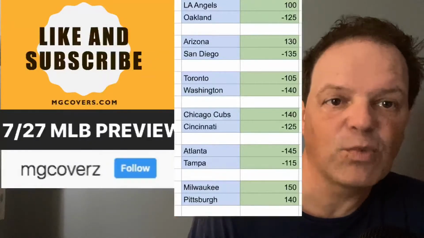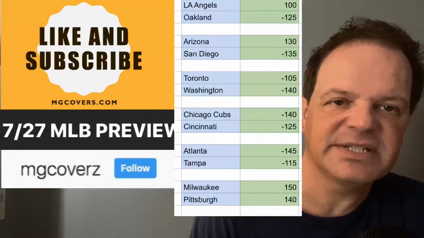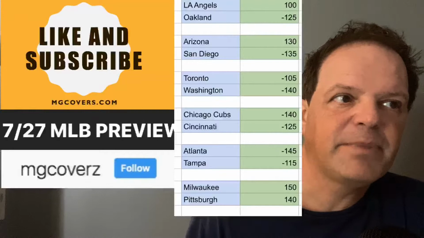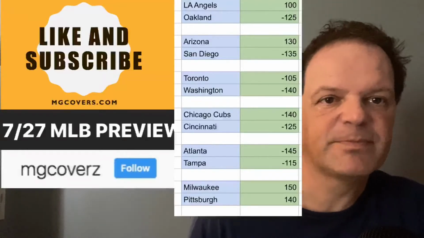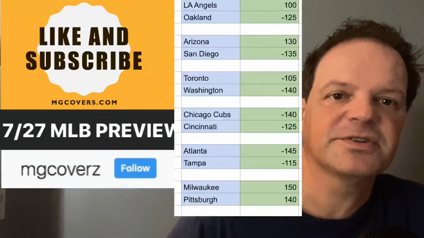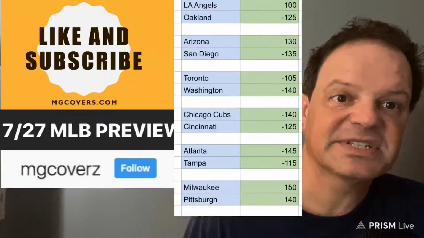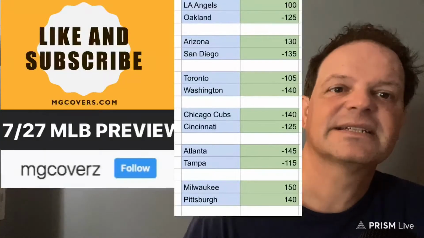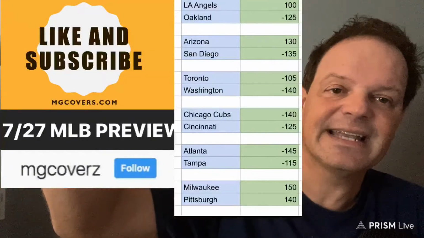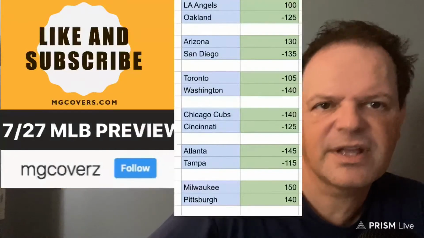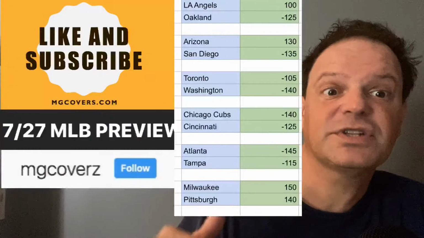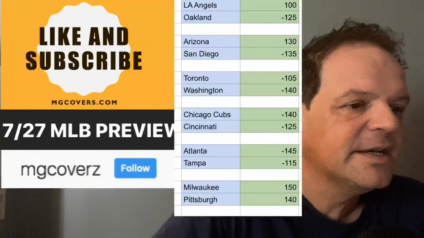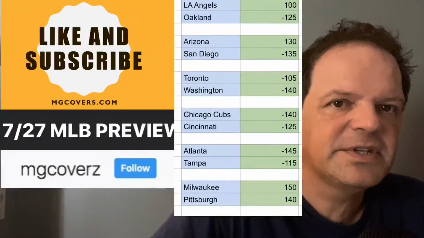So the lines that we have are strictly stat-based and not based on public bias, which is what the sports books have to use when they're factoring in a line. So if they know a team is a heavy favorite that the general public likes, they're going to have to inflate that line, and conversely, they will have to inflate the dog line, and that's where you'll find the value on that side. So pretty dead accurate here on these lines.